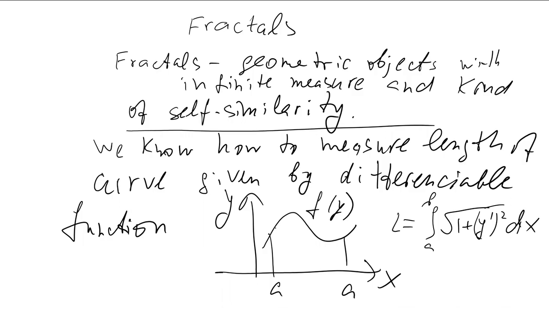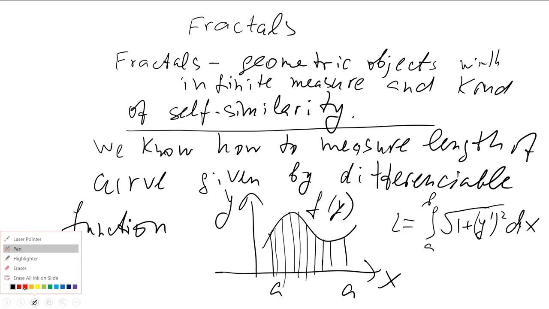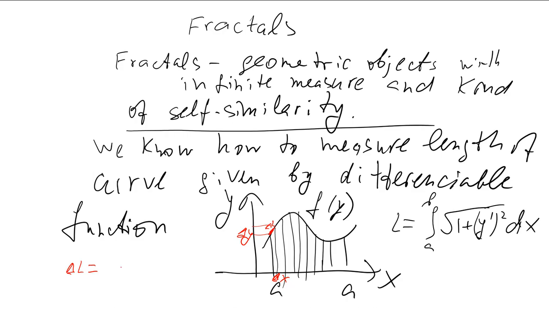So we divide this curve into pieces. So these are pieces. This is a piece. So for this piece, we have here delta x, here delta y, and this delta L, length of this small piece, is square root of delta y squared plus delta x squared, so it can be approximated like this.